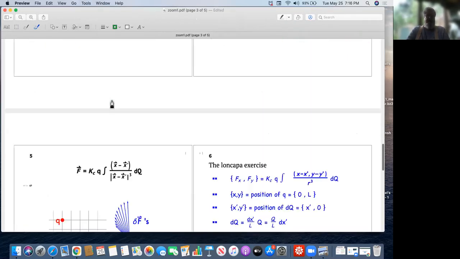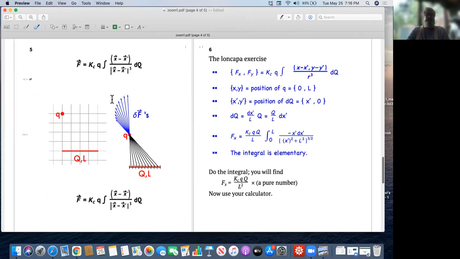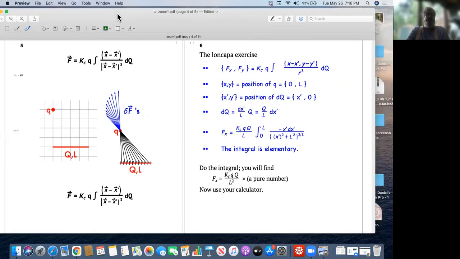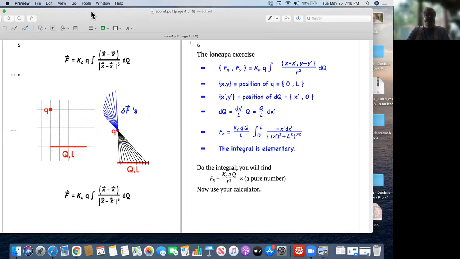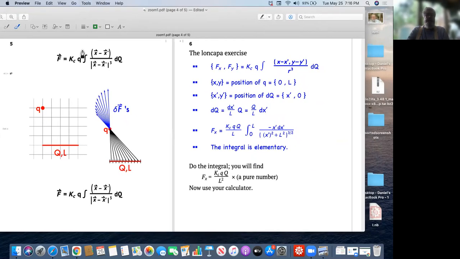All right, so let's go back to this problem. We're going to apply this fundamental equation to this problem, the rod and the particle. Well, a rod is not a single point, but it can be thought of as a collection of points.